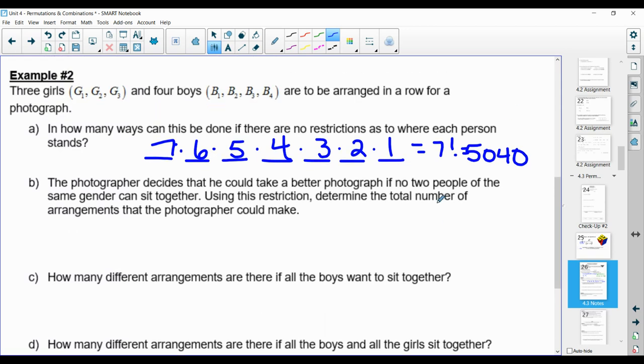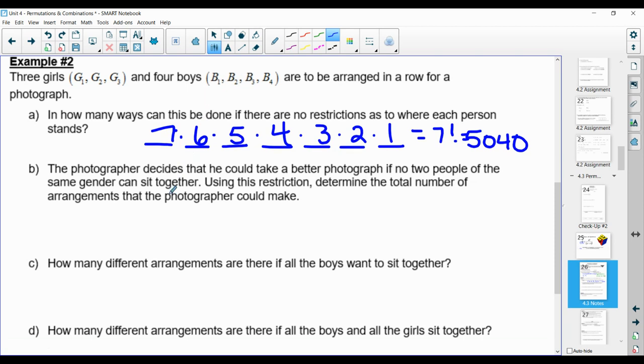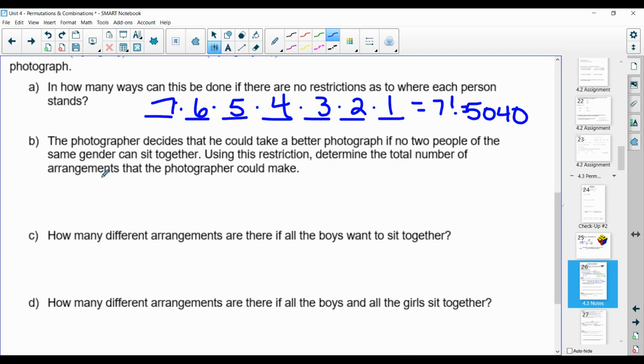Well, if we look back at our sample space, we've got 3 girls and 4 boys. The only way that we can alternate and not have the same gender side by side is to start with the boys. So boy, girl, boy, girl, boy, girl, boy. So this is going to be boy, boy, boy, boy, and then the other spaces are going to be girl, girl, girl.